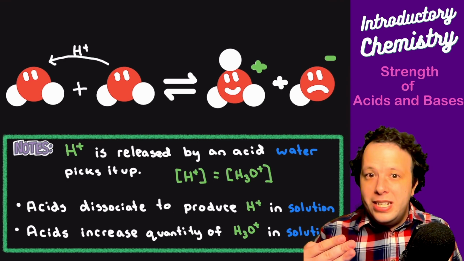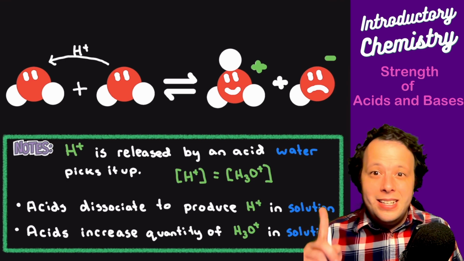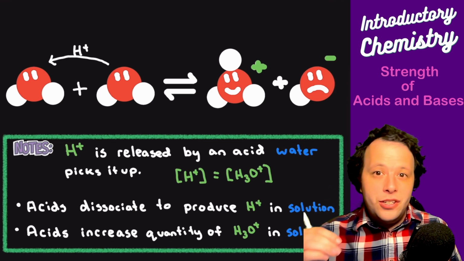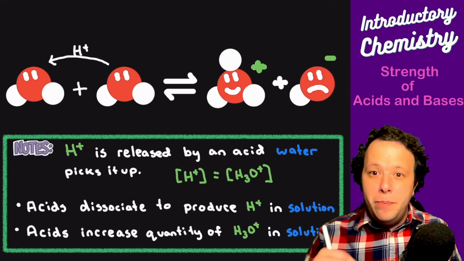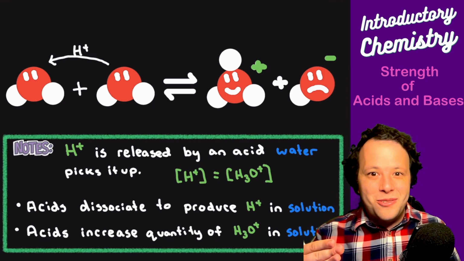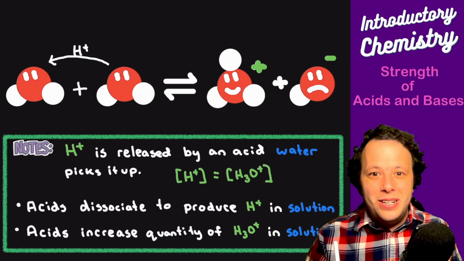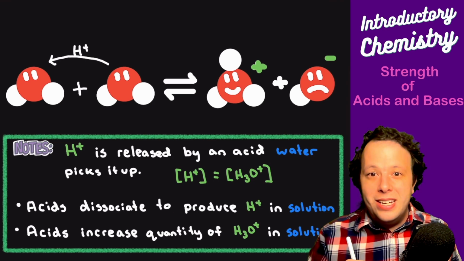Acids can dissociate to make H+, or we can also say that acids increase how much H3O+ there is in solution. Both tell you that the pH of these solutions is going to be going lower and lower, or more acidic as a result, because of this increase in hydrogen concentration. So they both are equivalent to each other, which is really important to write down and note.